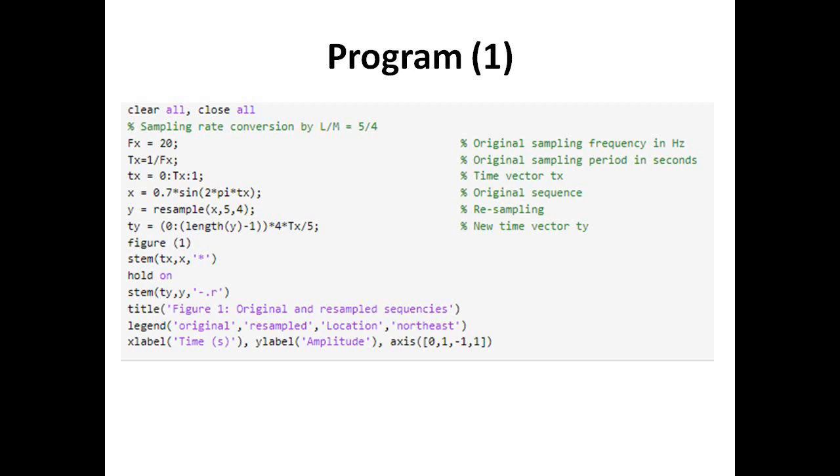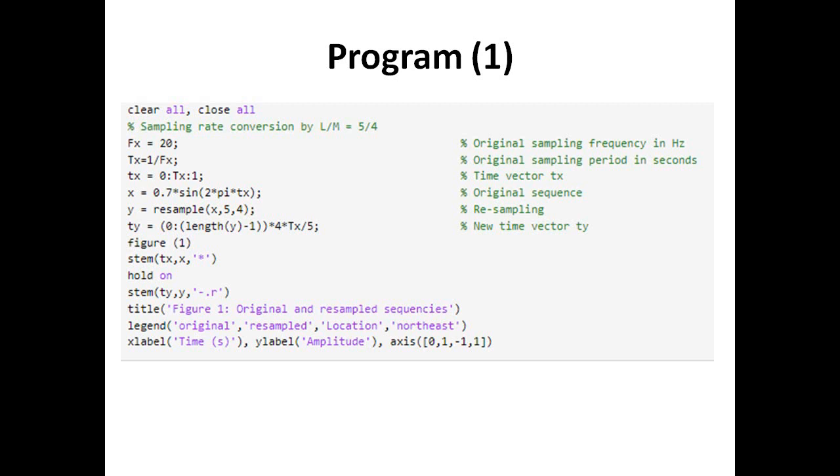So I have given the sampling time period T equal to 1 by F, and the input signal will be sampled at this period, and the time is calculated by Tx. So x is 0.7 into sine of 2 pi Tx. This is the original x of n.